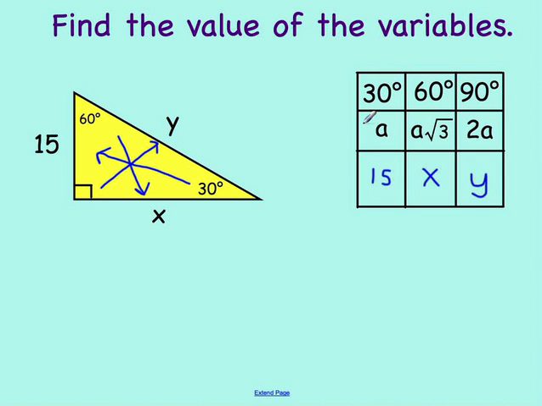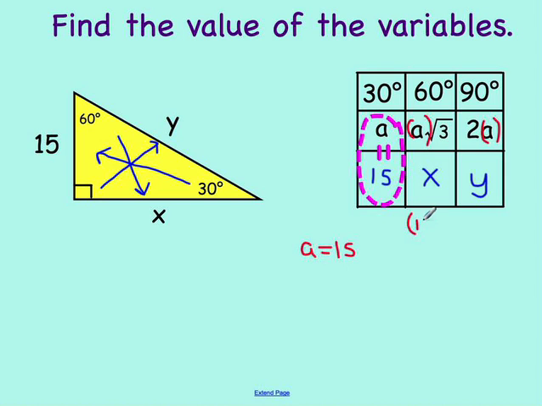The next step is we're going to take a look and see what the relationship is for the side length that was given to us, and we can set this equal to it. So I know that a will be equal to 15. Because a is equal to 15, that means anywhere else that I see a, I can substitute in the value 15.